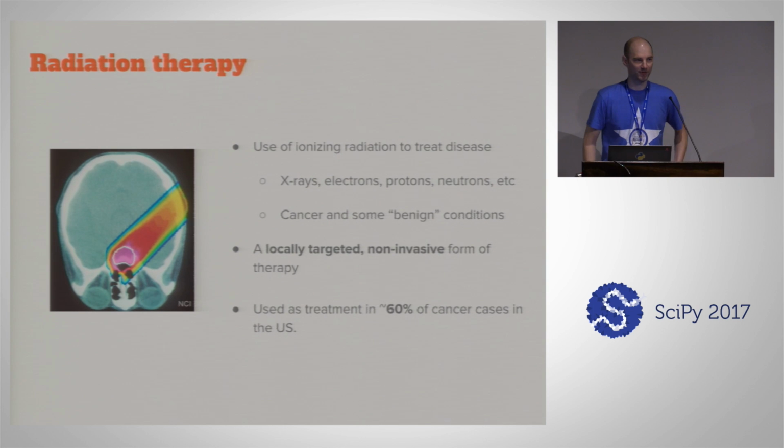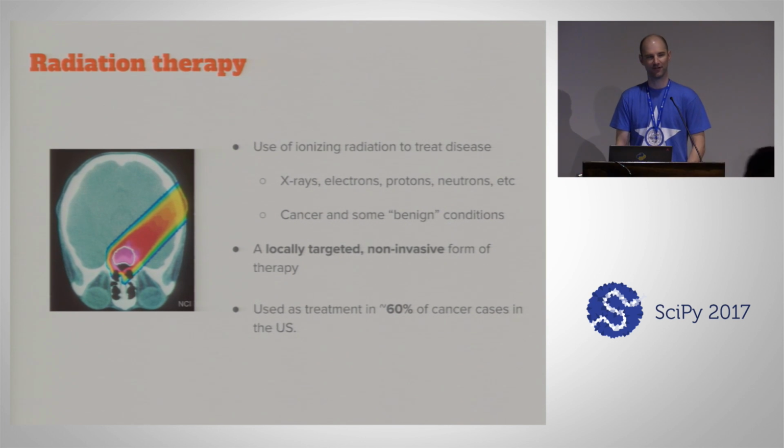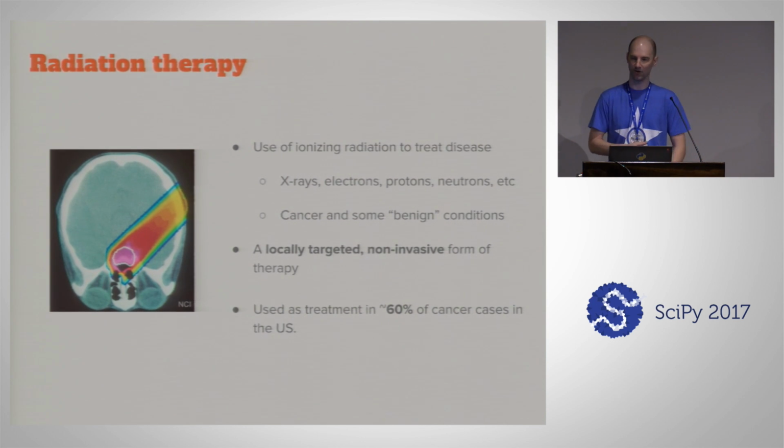So radiation therapy is the use of ionizing radiation to treat disease. Ionizing radiation typically means we're talking about high energy photons like X-rays and gamma rays, or charged particles like electrons and protons, or also sometimes neutrons.